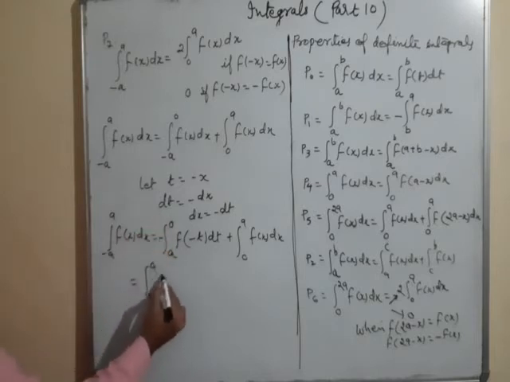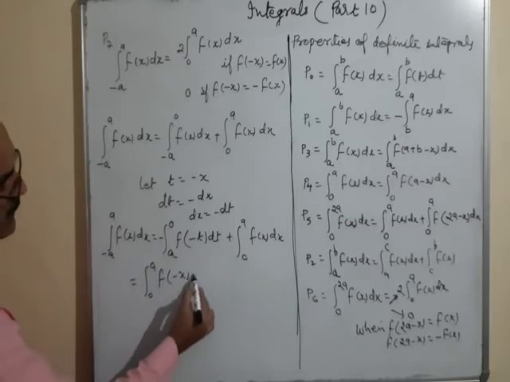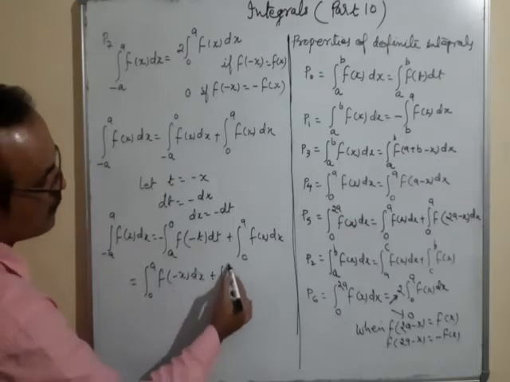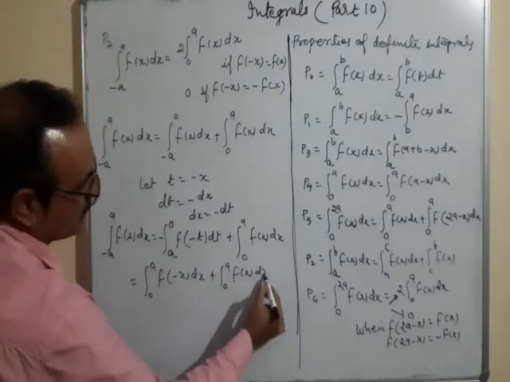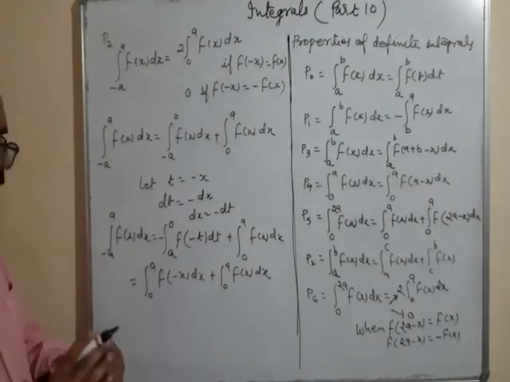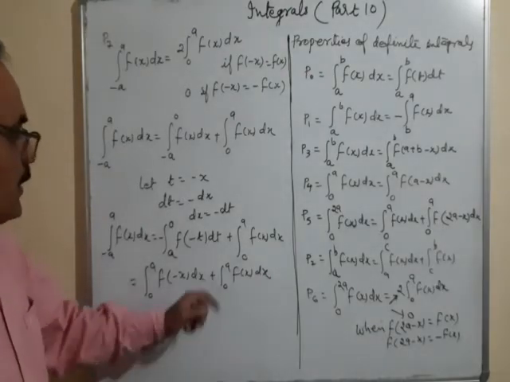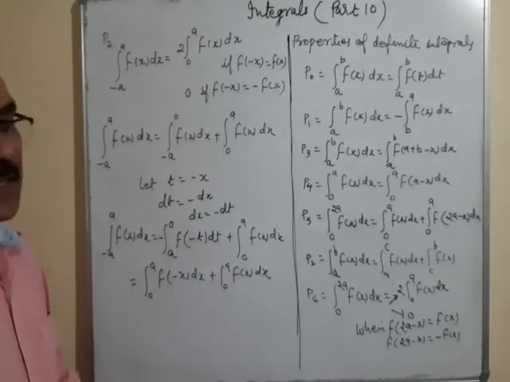We get the integral from 0 to a of f of minus x dx plus the integral from 0 to a of f of x dx. Here you can see the limits 0 to a for f of x dx and f of minus x dx.